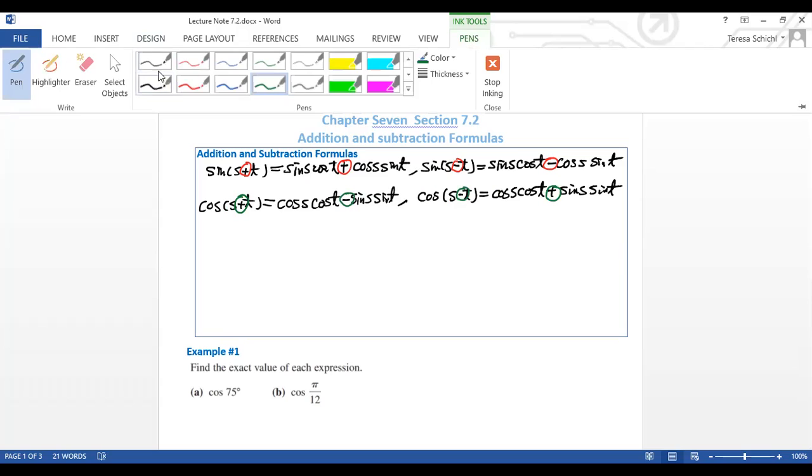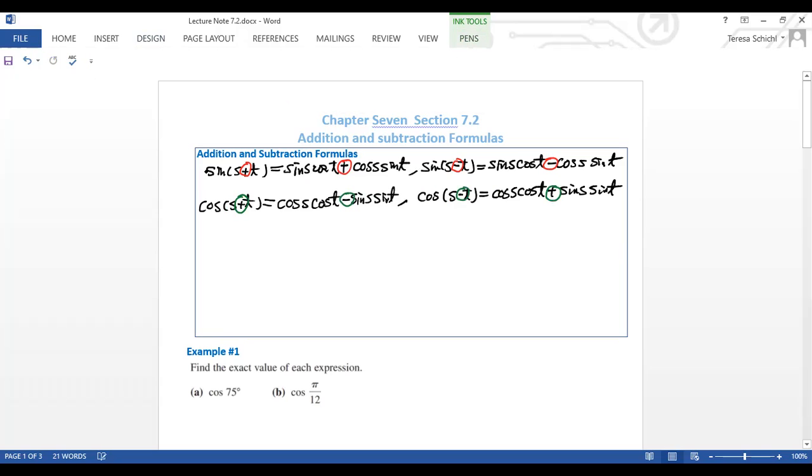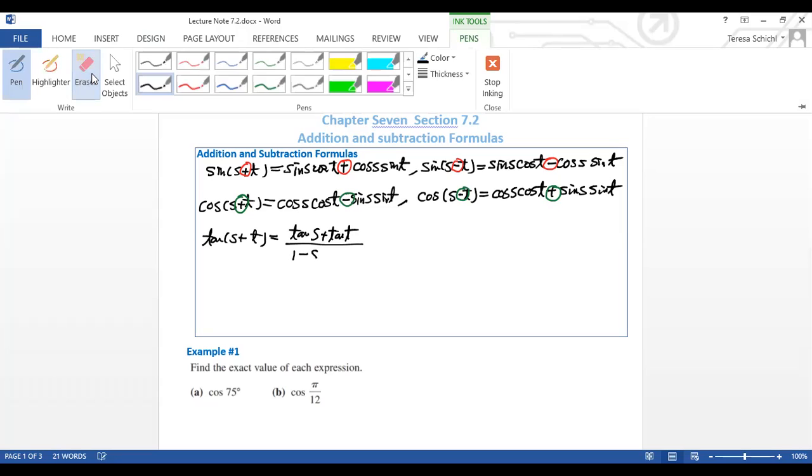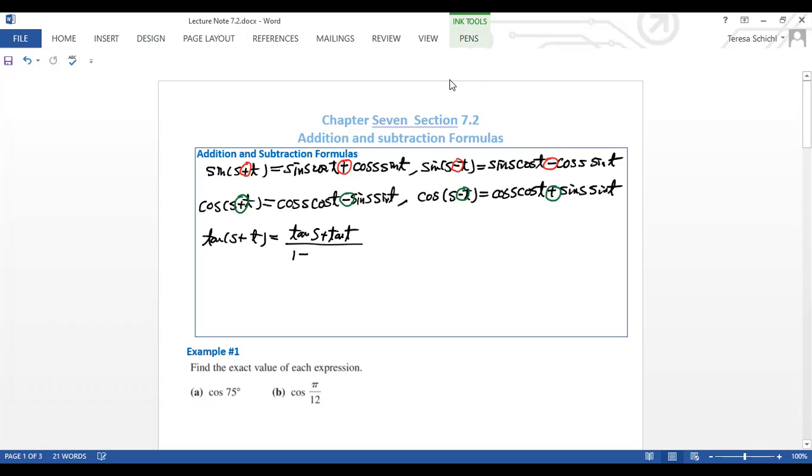Now the next one is tangent. Tangent of s plus t equals tangent s plus tangent t, over 1 minus tangent s tangent t.